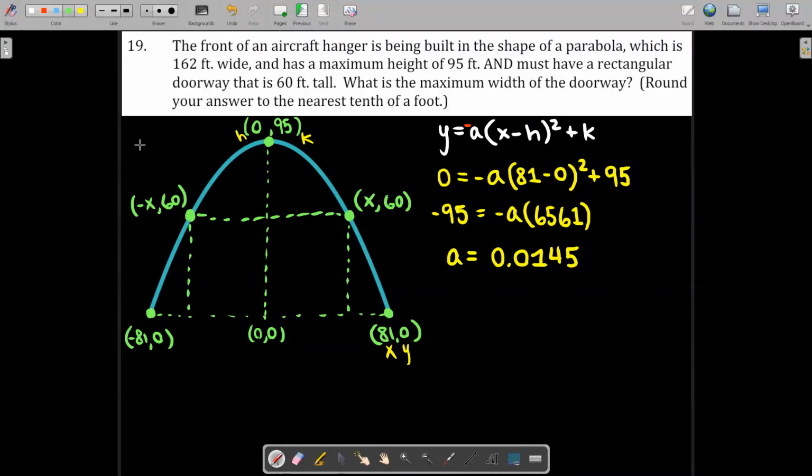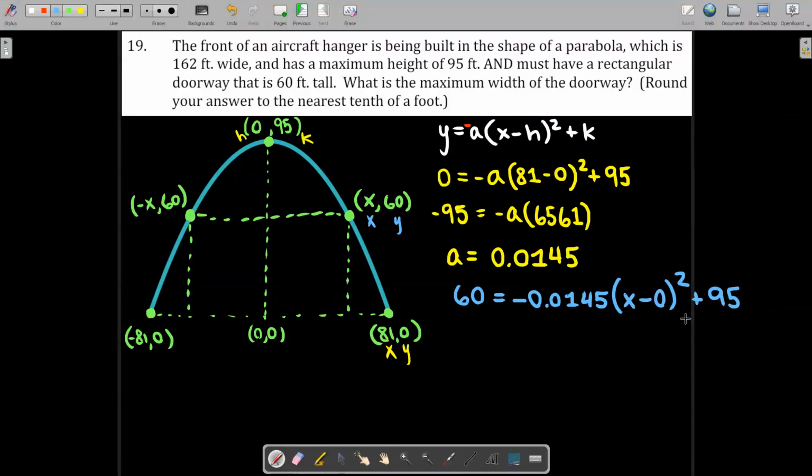Okay, now that we know what A is, we can use all of our information to find the missing X. So I'm going to shift gears a little bit and go into my blue here. The Y value, I know. The Y value is 60, and the X value is what I'm looking for. So 60 is equal to negative 0.0145, that's our A value, times the X is what we don't know, minus the h value, which is 0, squared, plus the k value, which is 95.